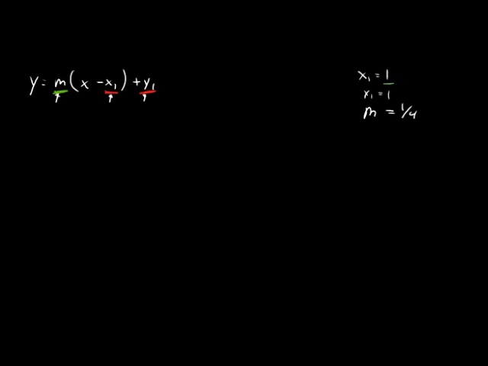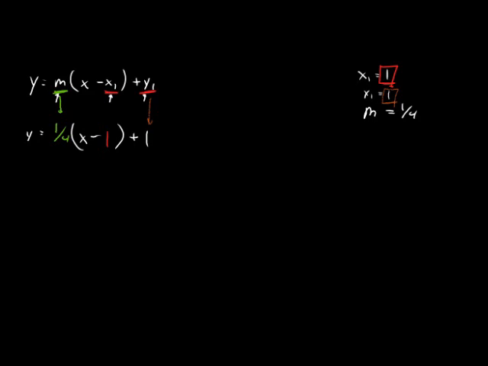Where the m is located in this equation, we will place the 1/4. In the parentheses that say x minus x1, we'll let the first x stay as an x, but then replace the x1 with the number that x1 is equal to. That's 1. Then we'll say plus y1. y1, it turns out, is also 1. Therefore, we'll place 1 in the final position also.